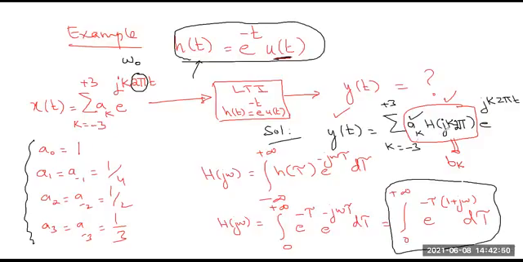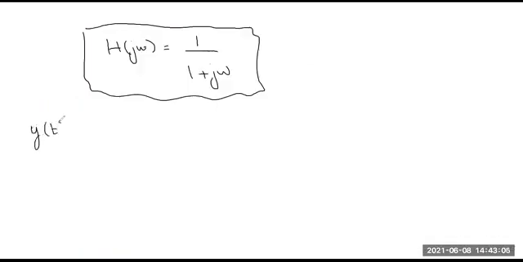Now, in order to find out different values, let me expand this so that you can get the idea. What is going to be the output?